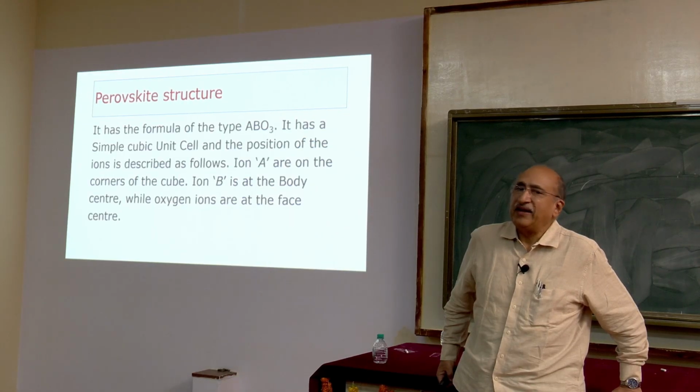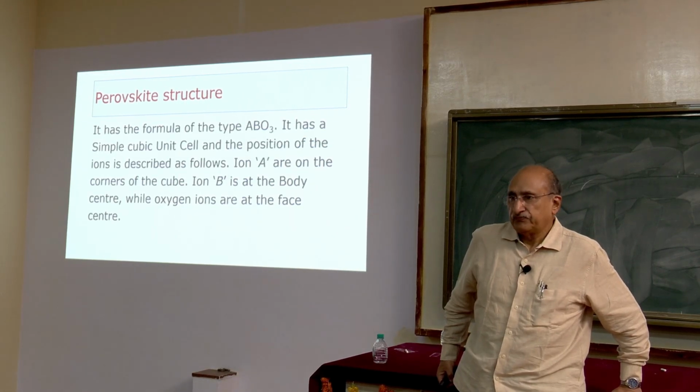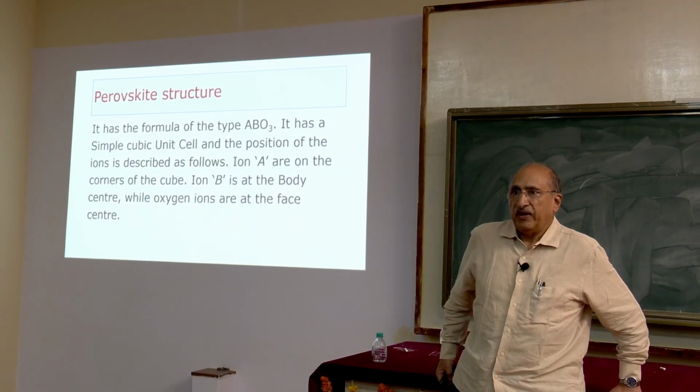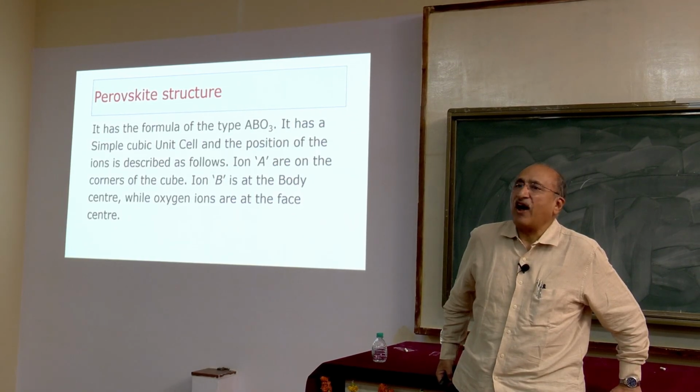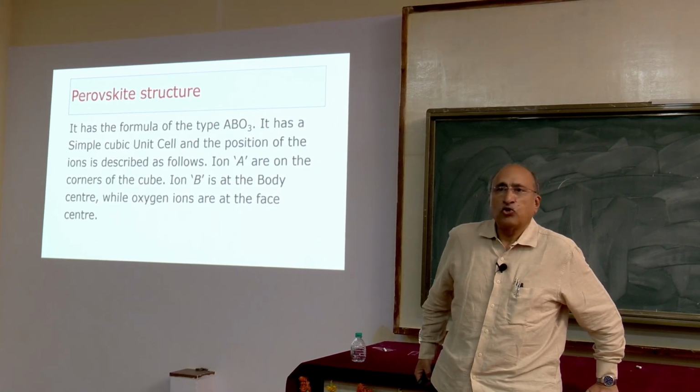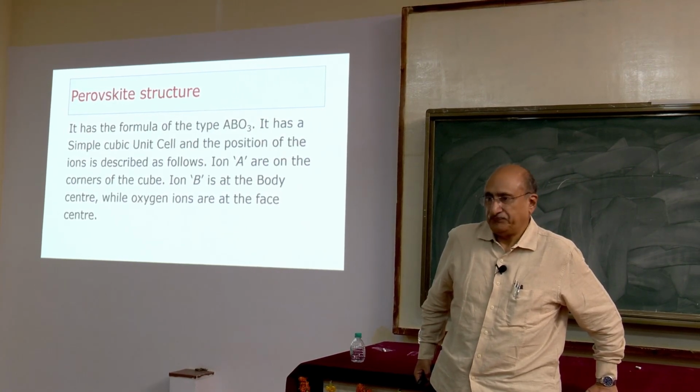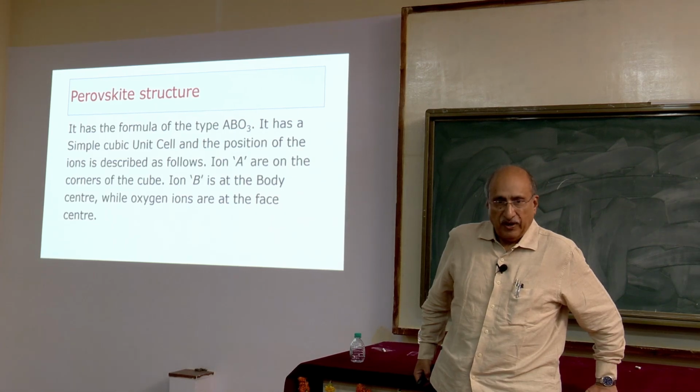Let us look at an ideal perovskite structure. What is meant by an ideal perovskite structure? I will explain to you. Okay, it has 3 different types of ions. One is oxygen. The other two we will call A and B. All right.